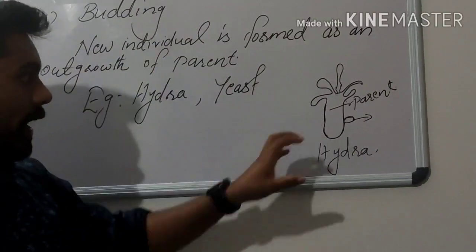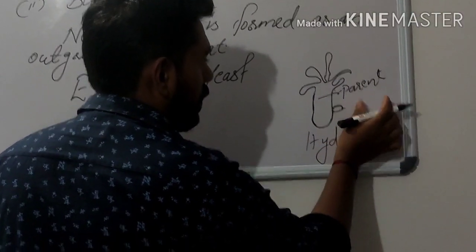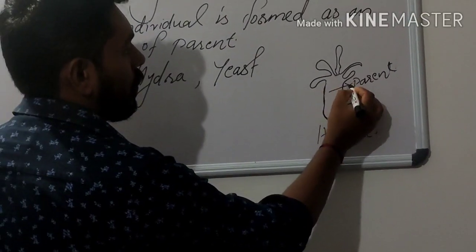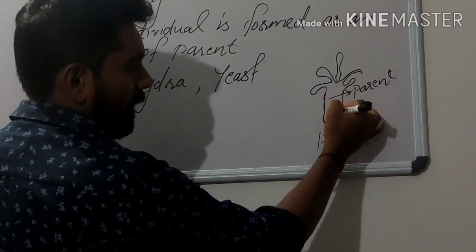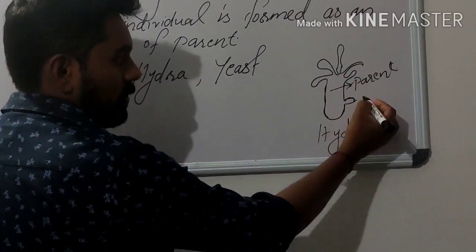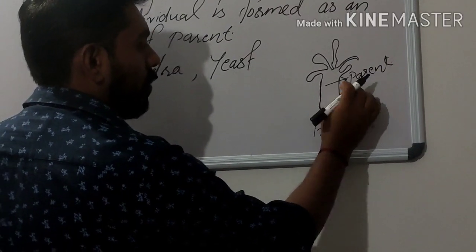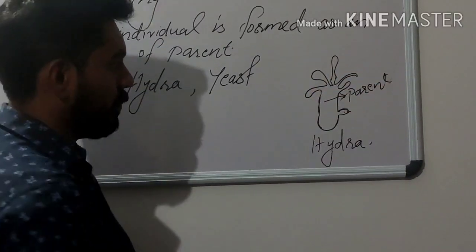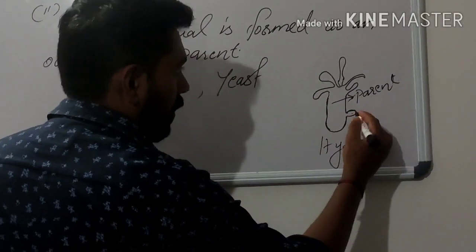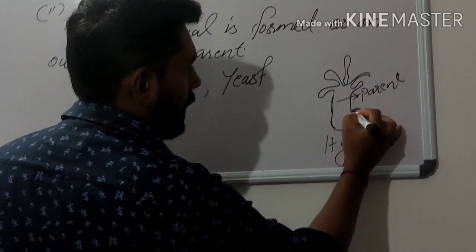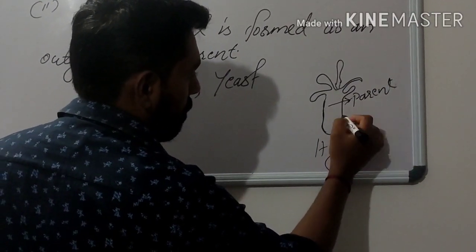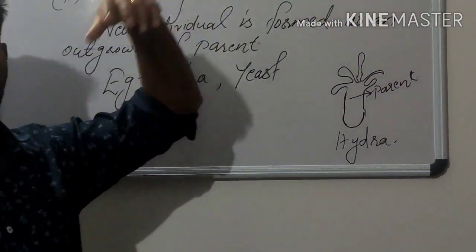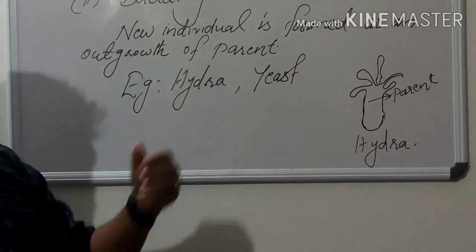Here Hydra has an outgrowth. This is the parent Hydra, and here is the outgrowth. This outgrowth grows into a new Hydra, a new organism, a new individual. When it becomes fully grown, it is detached from the parent. It is separated from the parent, and it grows into a new organism, a new Hydra. Yeast is also the same.